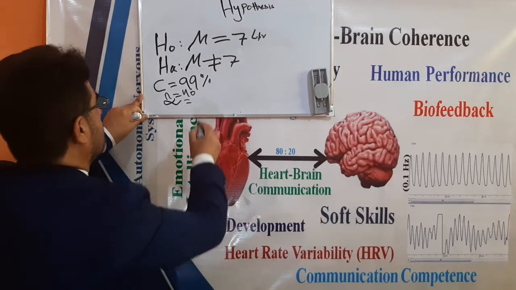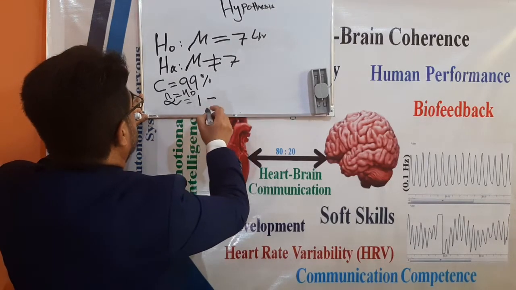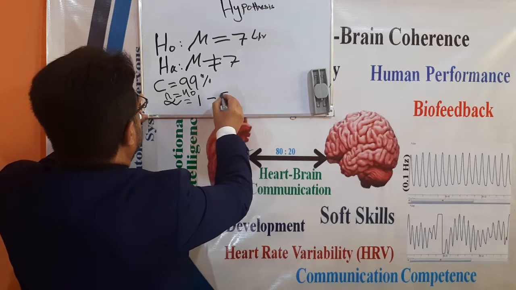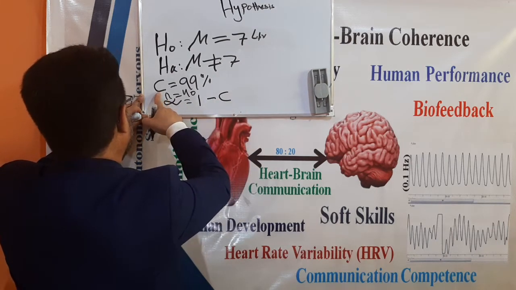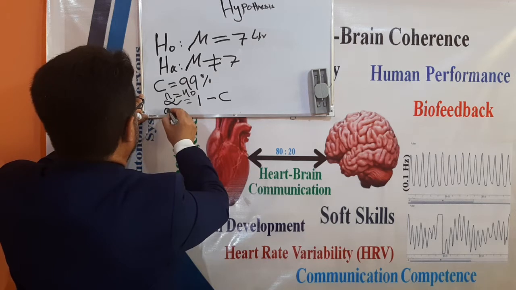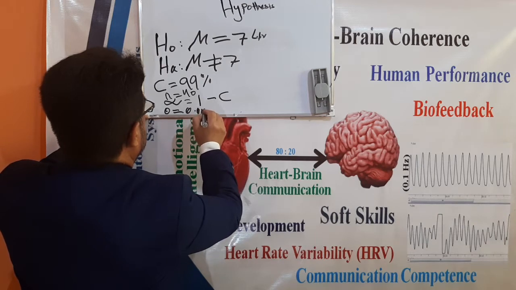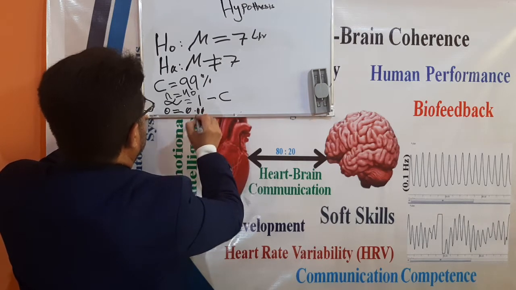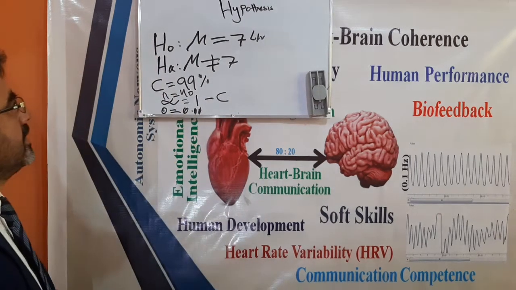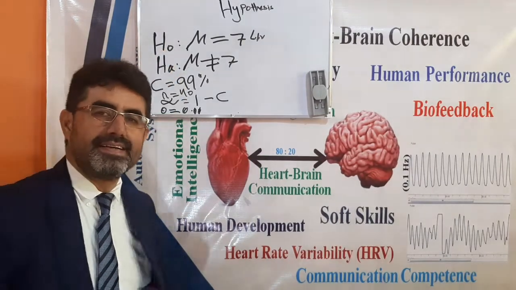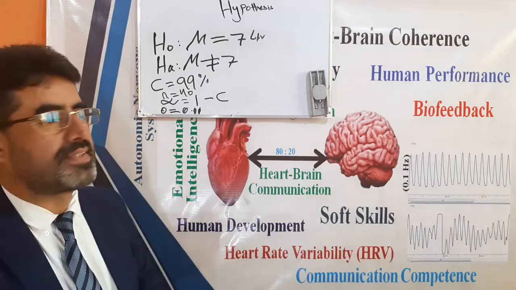And alpha is always 1 minus C, or level of confidence, and here alpha is equal to 0.01.